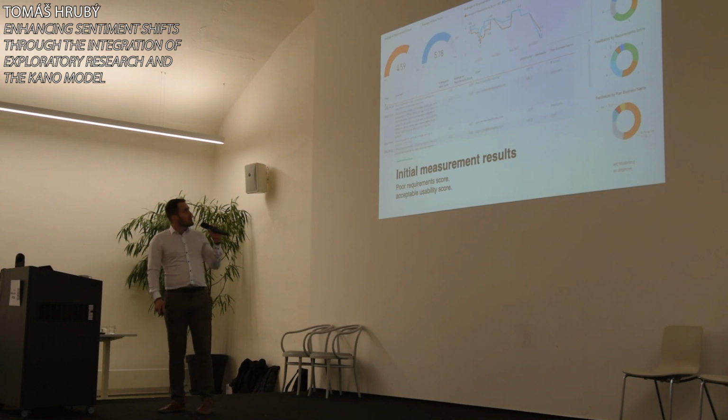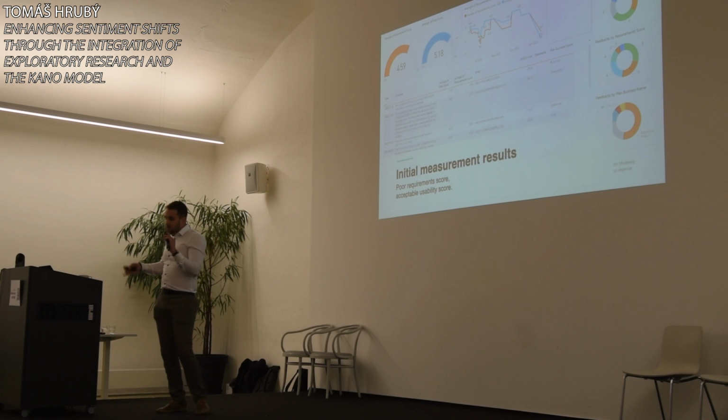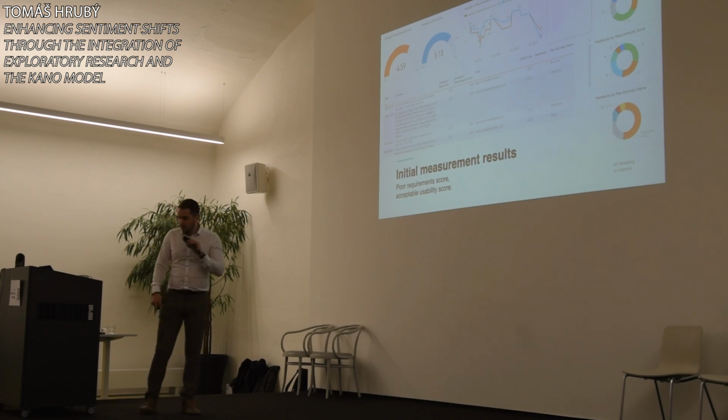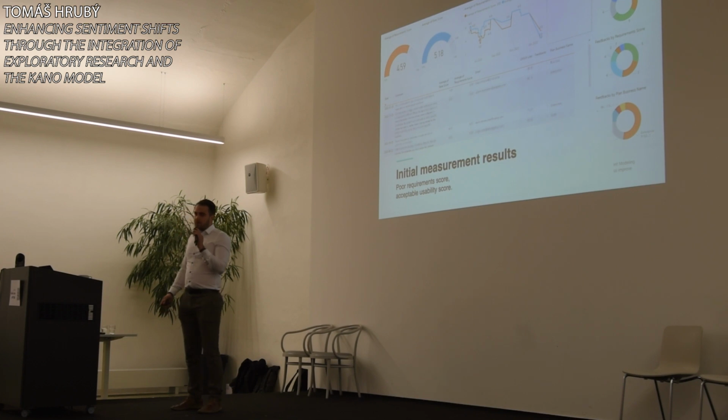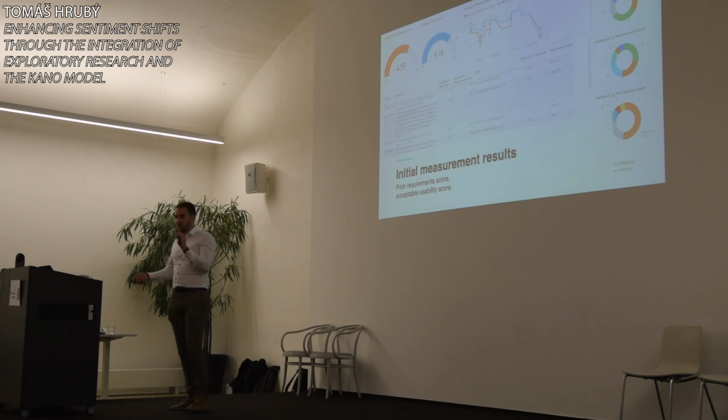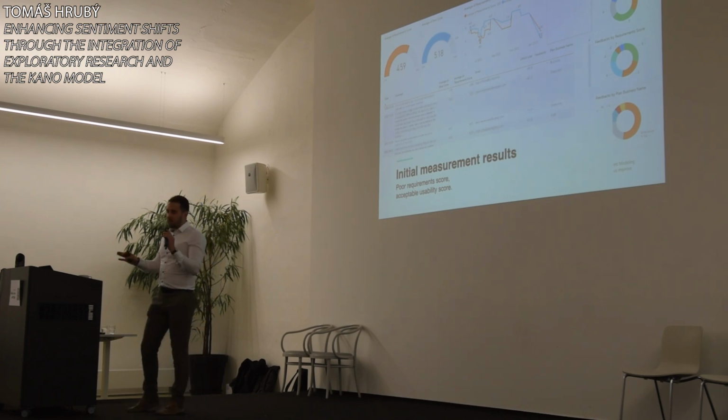After the initial measurements, we found out that the requirements fit, you can see the numbers in the top left corner, being approximately 4.6 was underwhelming and poor in our eyes, and the usefulness fit was roughly 5.2, which was okay.